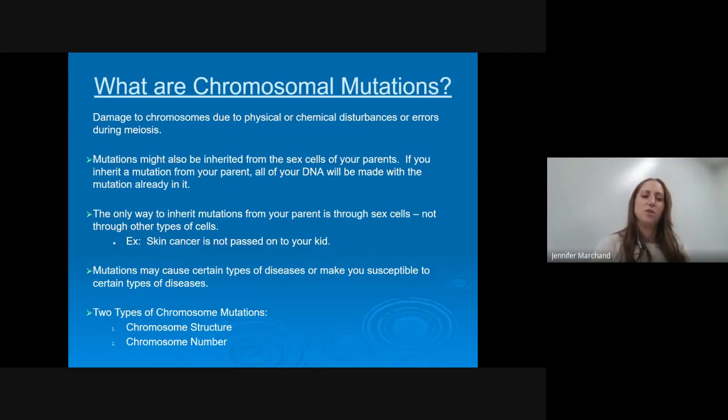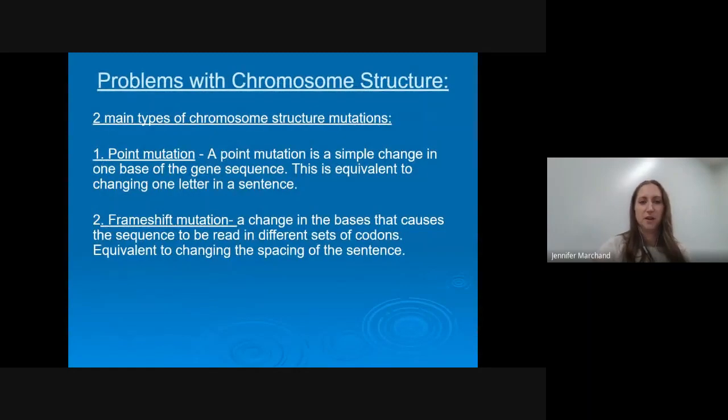Mutations may cause certain types of diseases or make you susceptible to certain types of diseases. There are two types of chromosomal mutations: those involving the structure and those involving the chromosomal number. The two problems we have with the structure start with the point mutation.